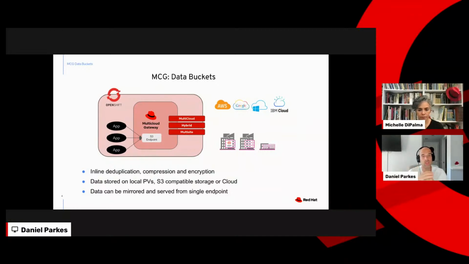And the actual backing store that gets deployed depends on where you have installed OCP and ODF. Meaning that if, for example, we have deployed ODF and OCP in an AWS deployment, MCG is going to create a default backing store of AWS S3.